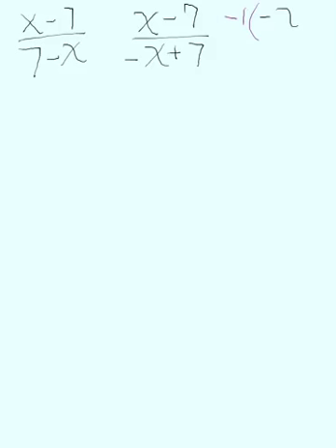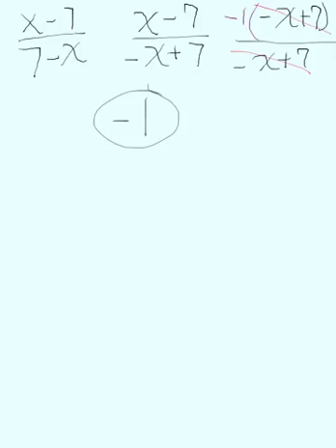We'd be left with negative x plus 7 on top. Don't factor anything out of the bottom. Now we're set up to cancel. So our answer there, simplified, would be negative 1.